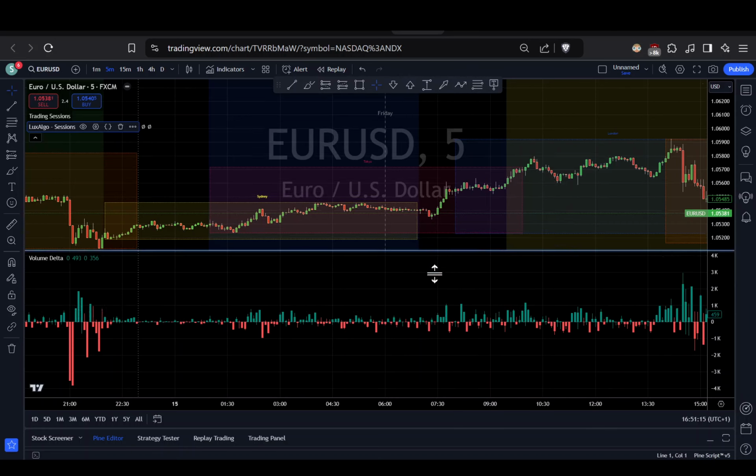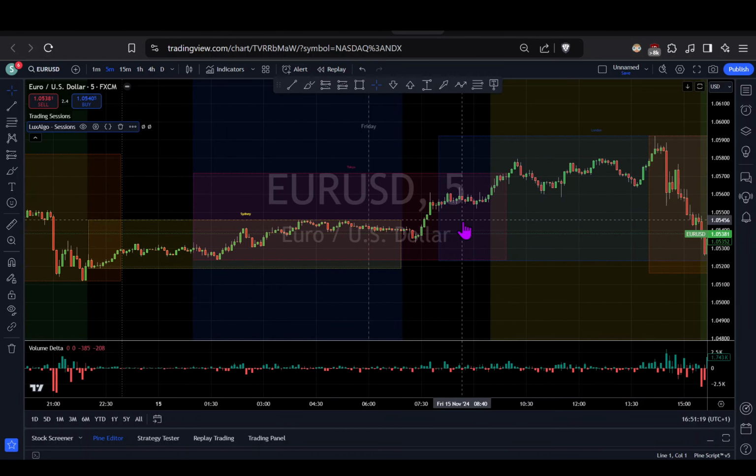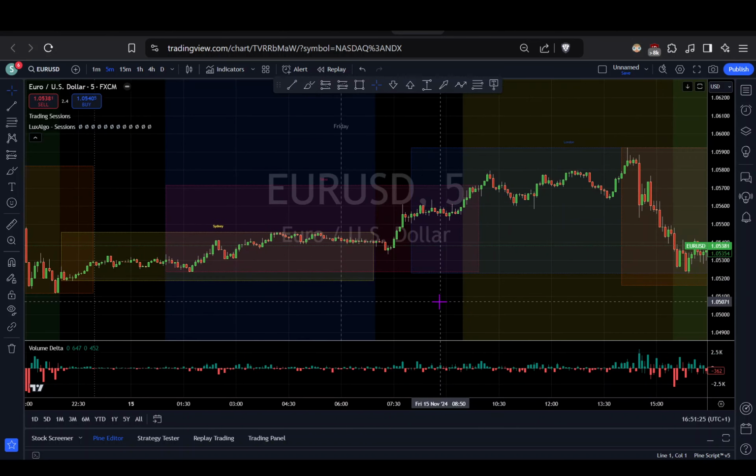So compare the volume to where the session starts, and how much volume there is. It is something that I add to this trading system, and my point is that when new information comes into the market, if accompanied by volume, we will see the new information with its direction.